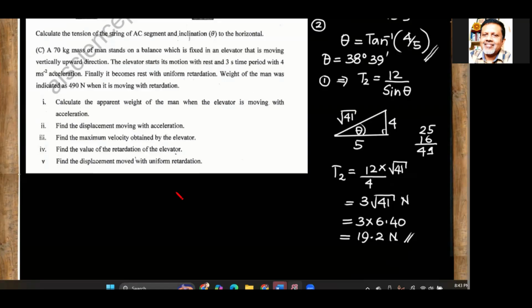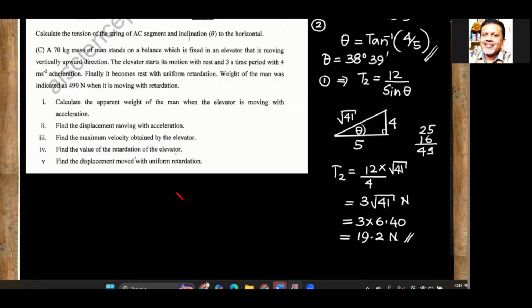The elevator starts its motion from rest and for a 3-second time period moves with 4 meters per second squared acceleration. Finally, it becomes rest with uniform retardation. Weight of the man was indicated as 490 Newton when it is moving with the retardation.